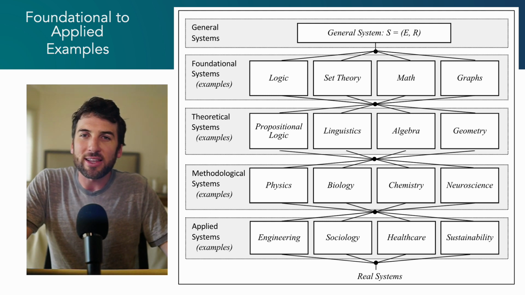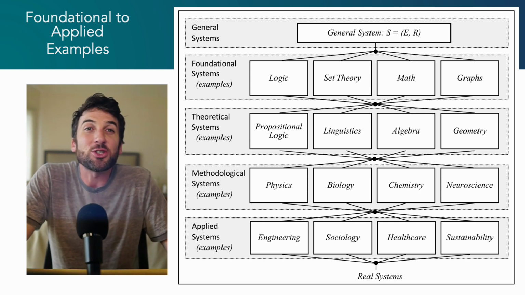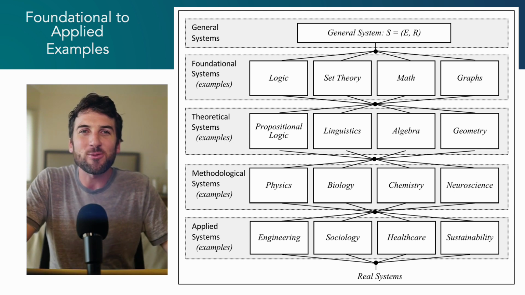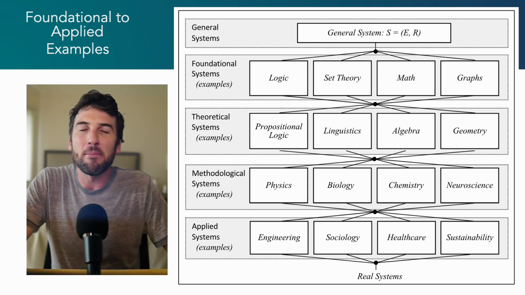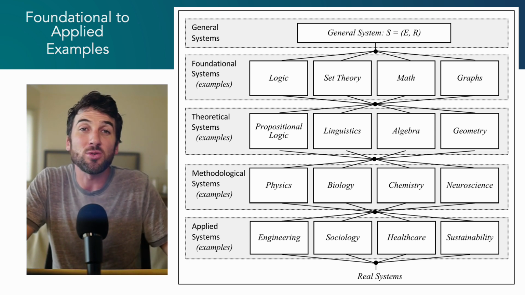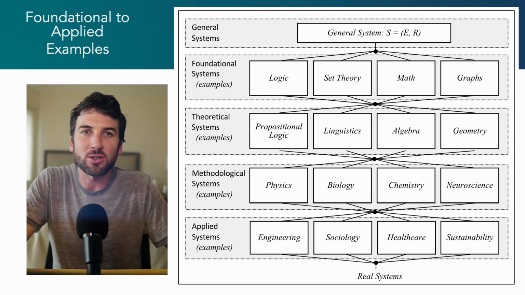And finally, that connects to real systems, which is essentially a hypothetical notion of what nature is. Now, we don't know exactly, we can never really prove exactly what nature is, but more applied and methodological systems work to help define that and to think about which models we should use, which math and logic models actually work for helping describe the world, which are useful.